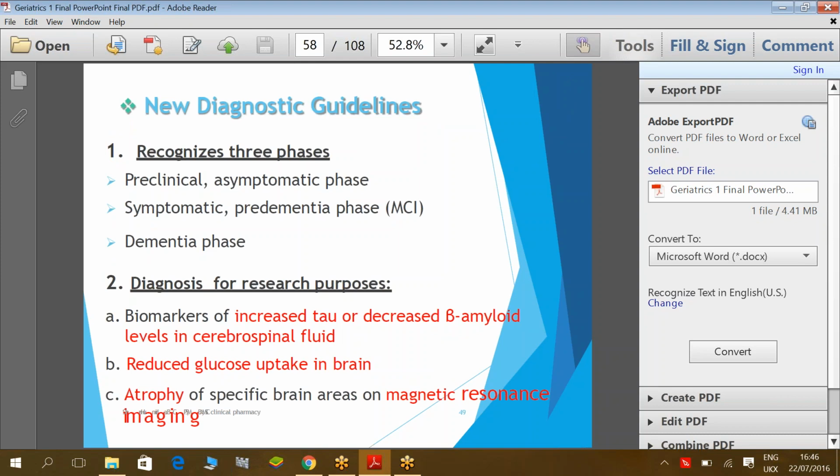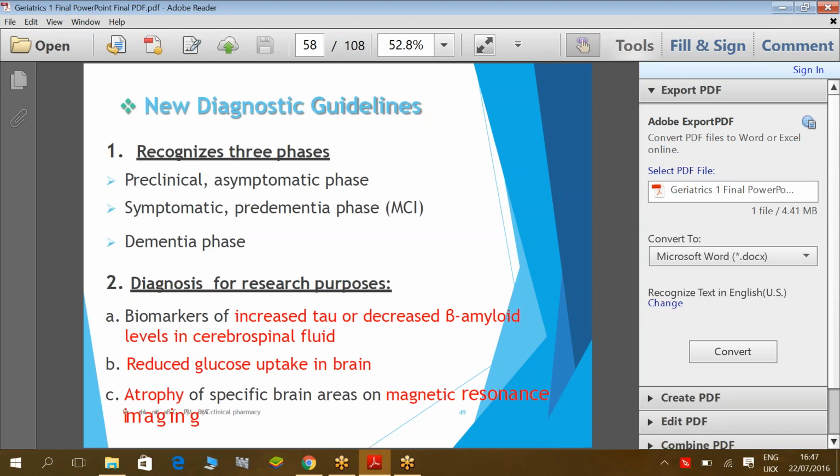For dementia diagnosis, we have to know that there are 3 phases of dementia: the preclinical or asymptomatic phase, then the symptomatic pre-dementia phase, which is the mild cognitive impairment. We said it is reversible, and then we talked about the dementia phase. Some diagnoses are done for research purposes.